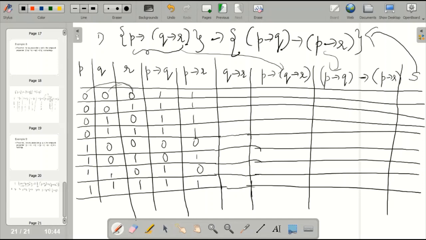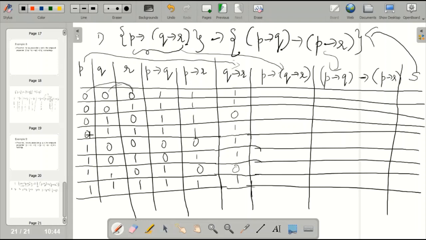For Q conditional R, your third term is 0 1 0. Then again over here it is 0. Then fill it with 1. Next, P conditional Q conditional R: this is Q conditional R, this term and this.